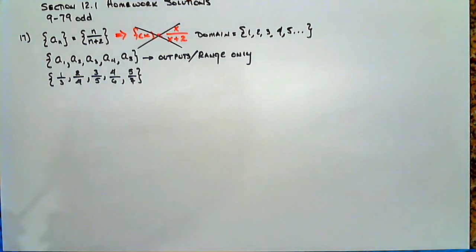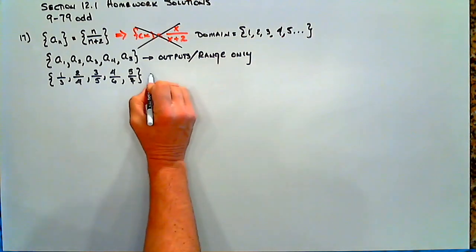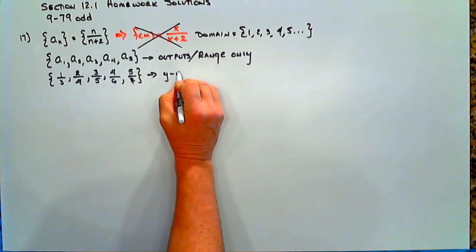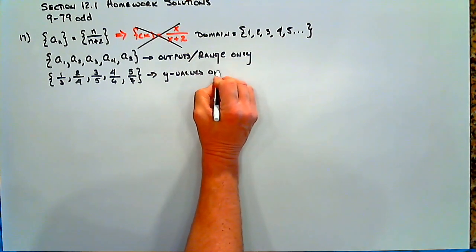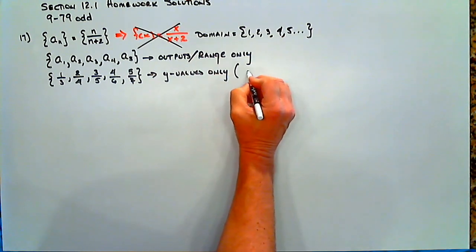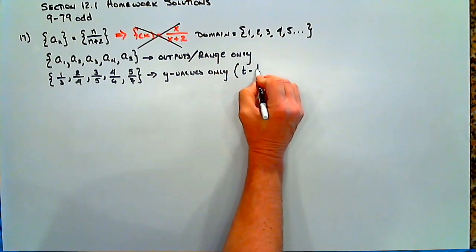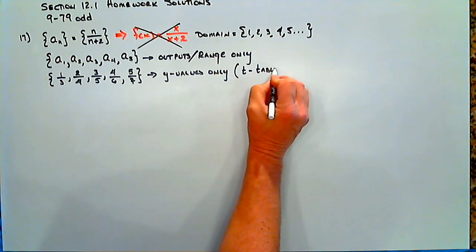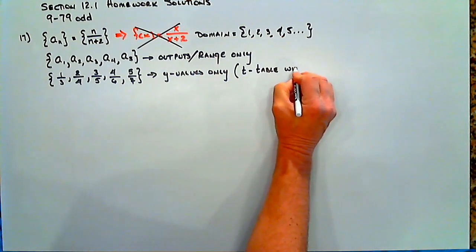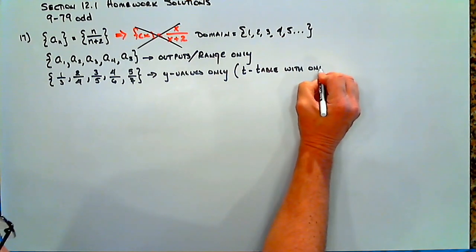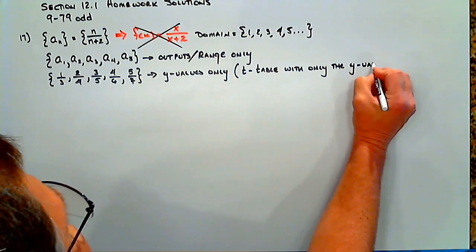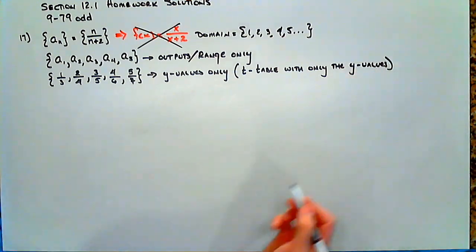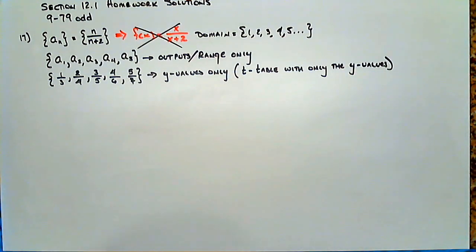That's the answer. Now remember, this is the y values only. We're just making a t-table. This is our t-table from back in Algebra 1, but it's our t-table with only the y values. That's all that is. Okay? It's nothing more than that.